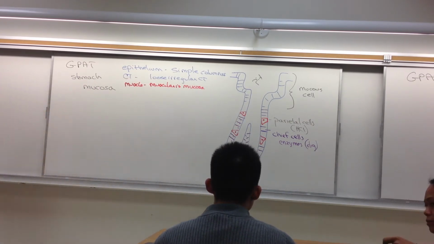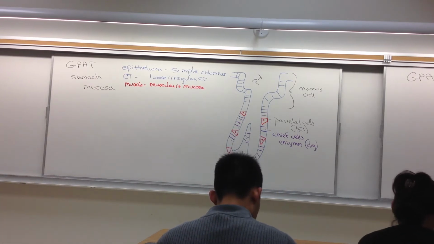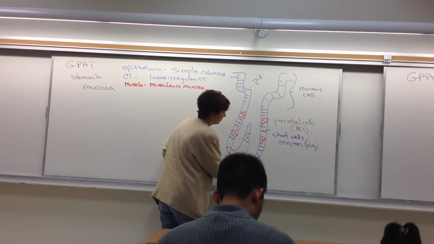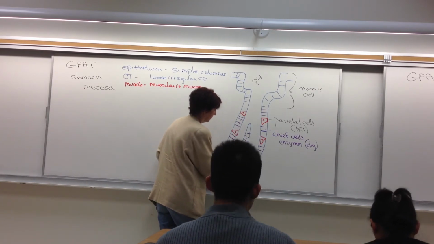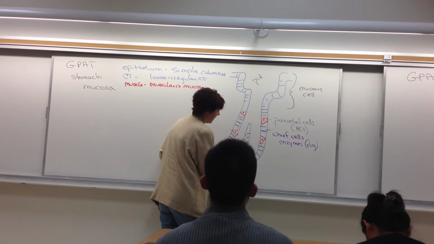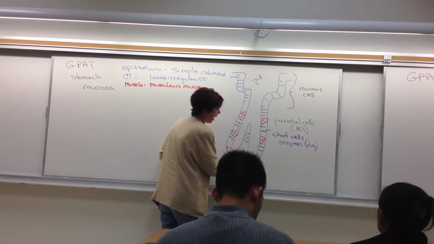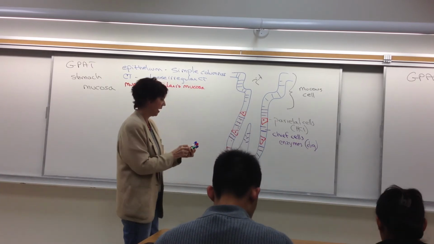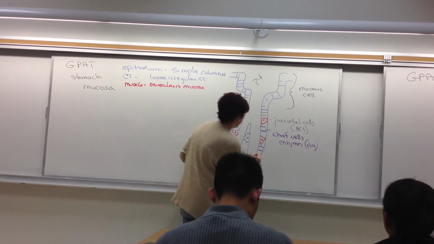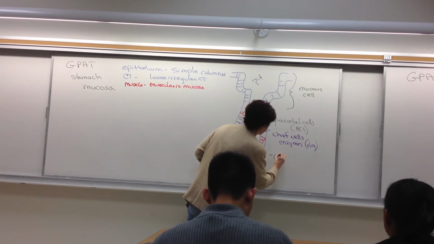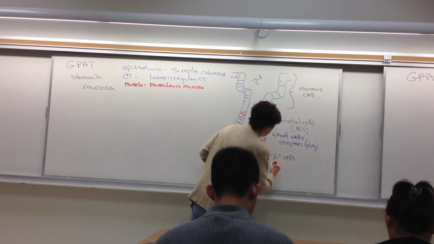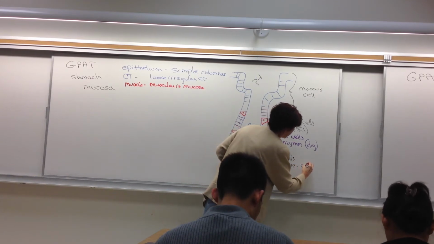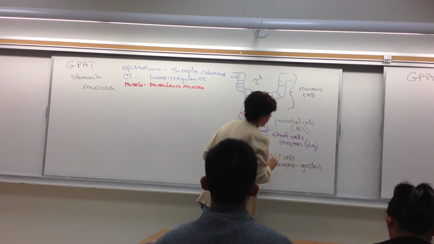And then down at the base of the gastric glands, these cells have your nuclei up near the top because they actually secrete out the bottom of the cell. And these are endocrine cells known as G cells because they make a hormone known as gastrin that helps to regulate stomach activity.